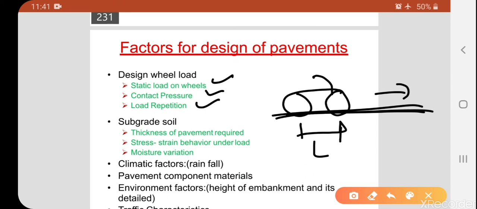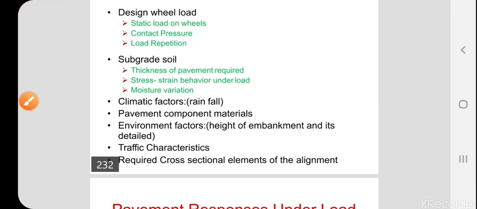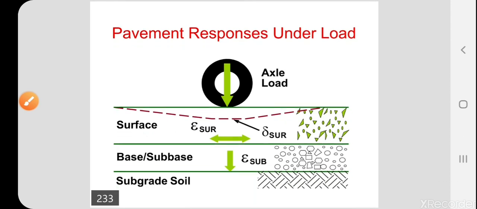So this is not a sudden loading, and this is not a gradual loading, and this is not an impact loading, but a series of successive loads with a particular time. This type of load is called fatigue in nature. Next, contact pressure and load repetition.